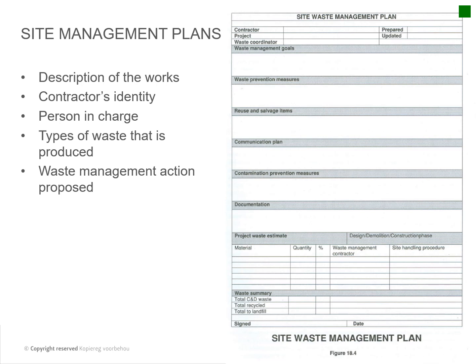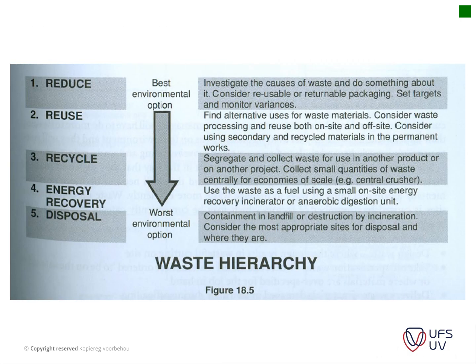Okay, site management plan. Here's a nice example that you guys can use. It has a description of the works, contractor identified, person in charge, type of waste that is produced, and waste management action proposed. So pretty straightforward that you guys can have a look at. Okay, a waste hierarchy.